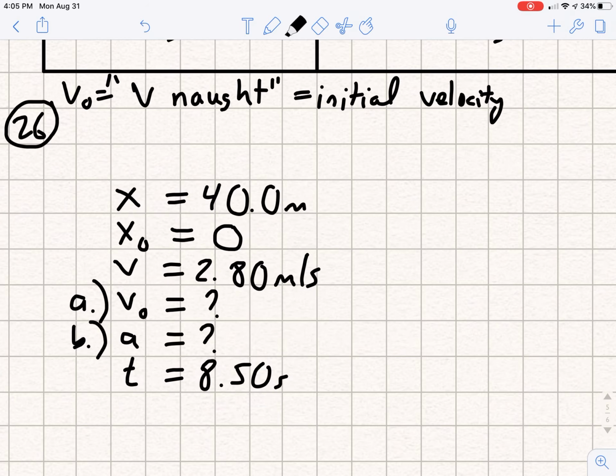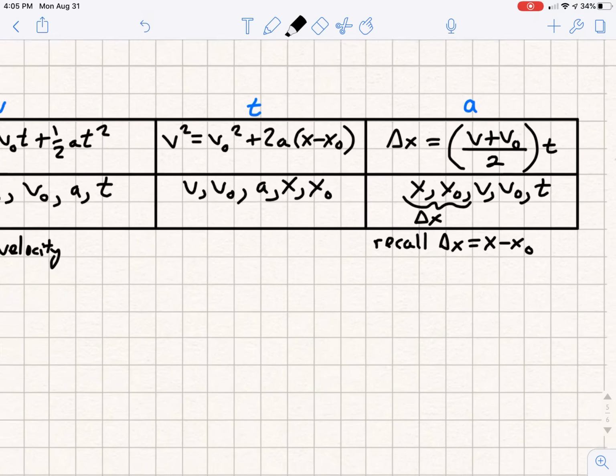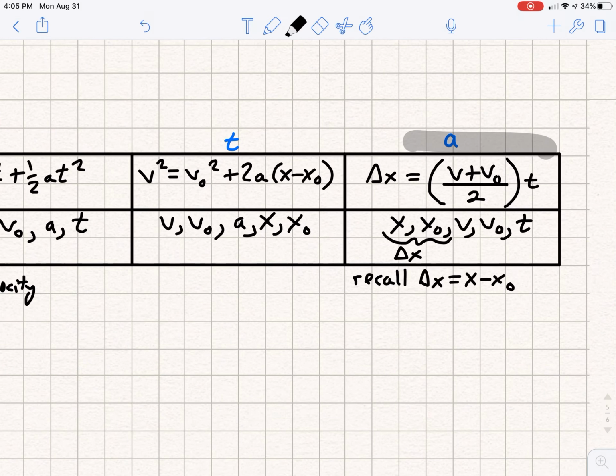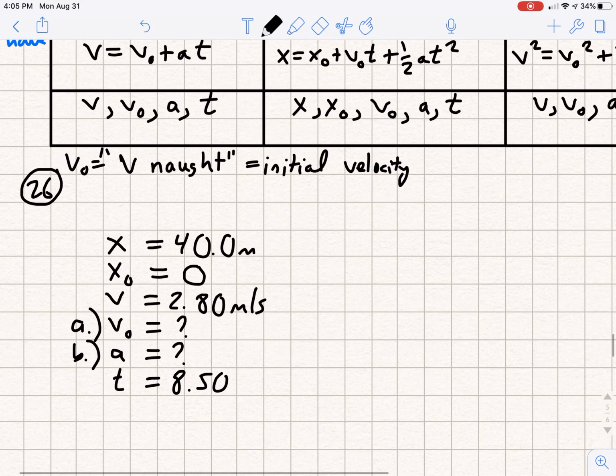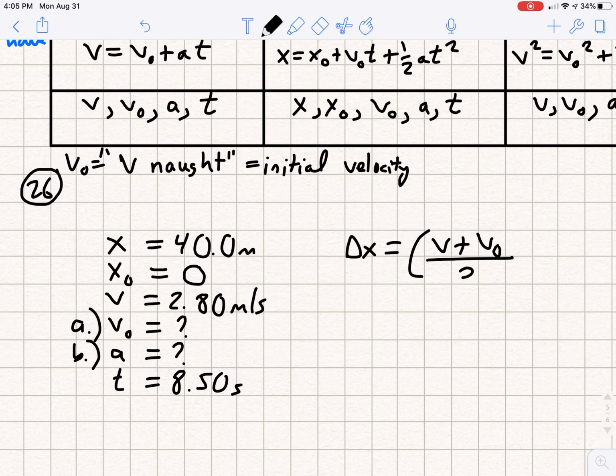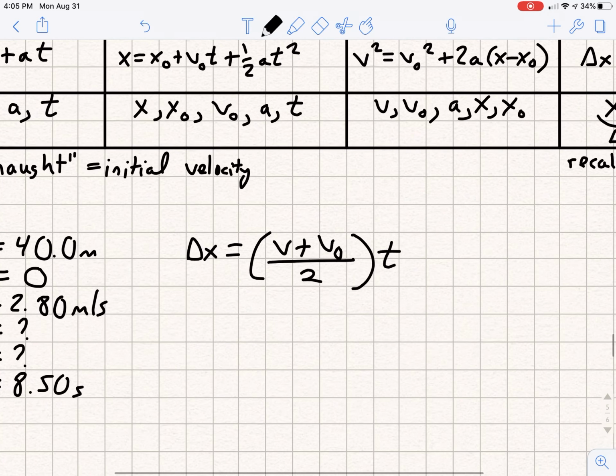Both of them happen to be my unknowns in the problem. Since I don't know acceleration, I'm going to lean towards this equation here: delta x equals (v plus v naught) over 2 times t.